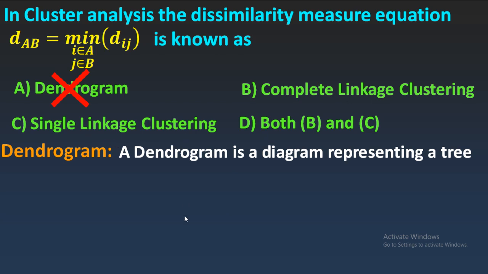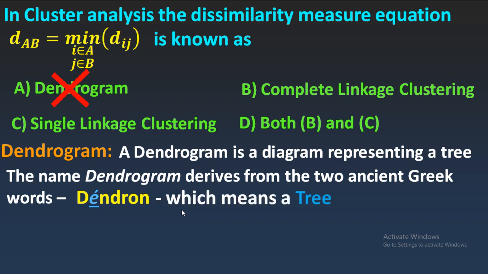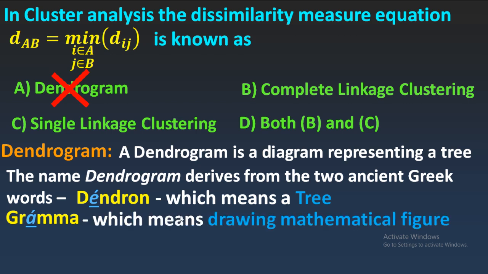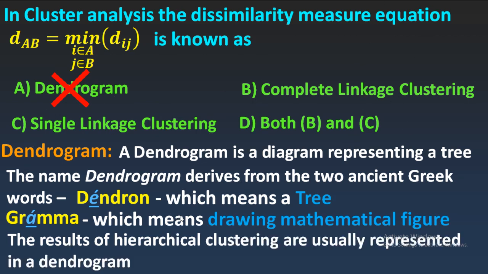The name dendrogram derives from two ancient Greek words, dendron, which means a tree, and gramma, which means drawing or mathematical figure. The results of hierarchical clustering are usually represented in a dendrogram.